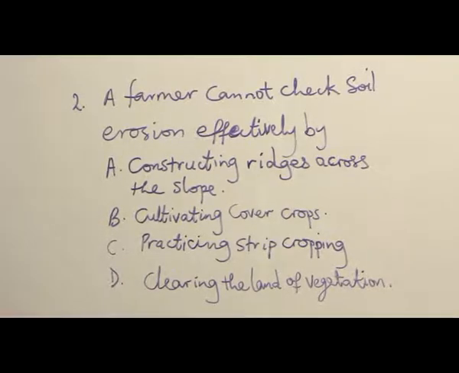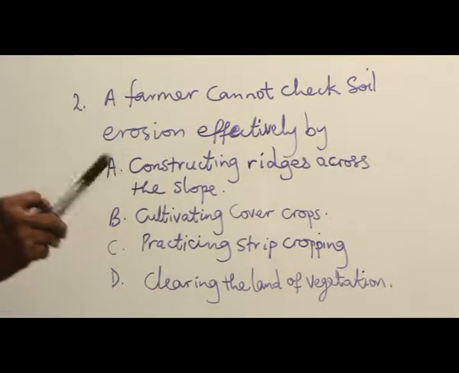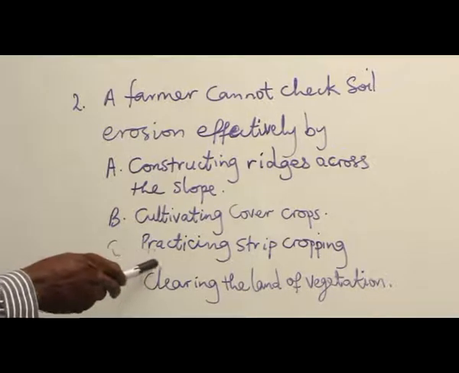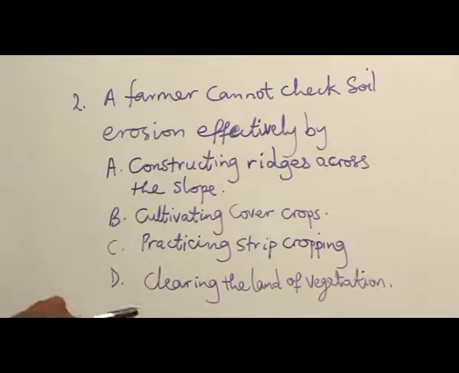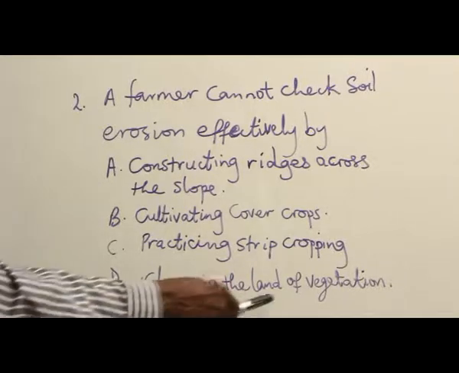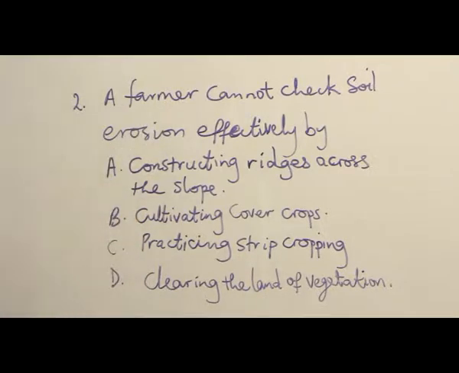When crops are planted in rows, possibly across the slopes, you will see that the crops themselves, the roots, help in checking erosion. But when you do clearing, you are exposing the soil to erosion. So clearing the land of vegetation cannot check erosion. So the answer to question 2 is option D, which is clearing the land of vegetation.